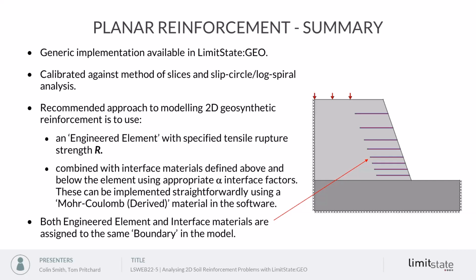The recommended approach to modeling two-dimensional geosynthetic reinforcement in the software is to use an engineered element with a specified tensile rupture strength of R, and combine that with interface materials defined above and below the element using an appropriate alpha interface factor. These are easy to implement using the Mohr-Coulomb derived material in the software. But both those materials are assigned to the same boundary material in the model.